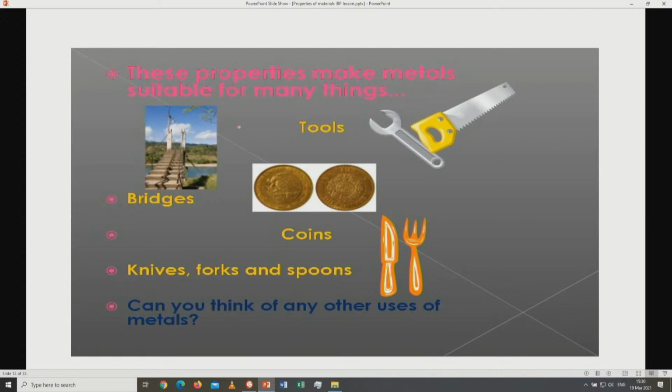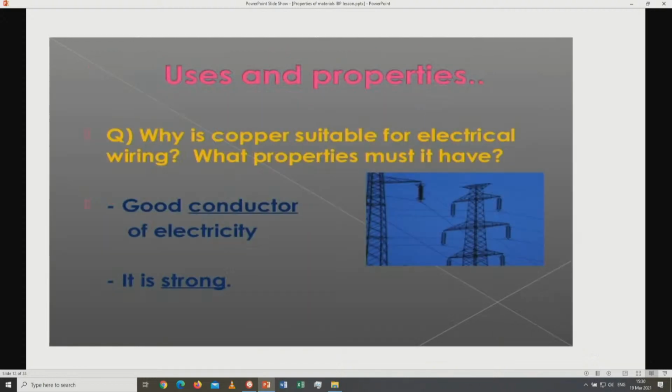Right, let us see. Maybe I have a few here for you, grade 7 learners. Some of our metals can conduct electricity, and secondly, they are very strong, which means they are suitable for electrical wiring. So we know their properties.